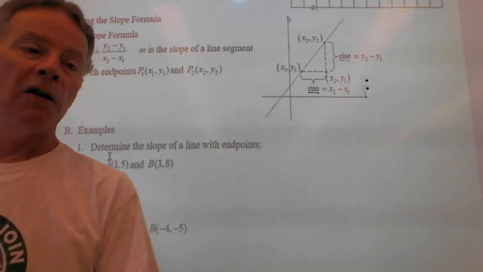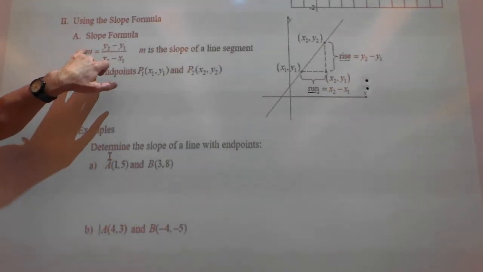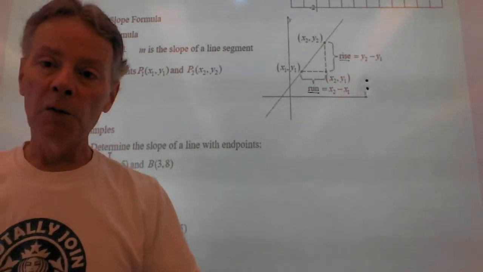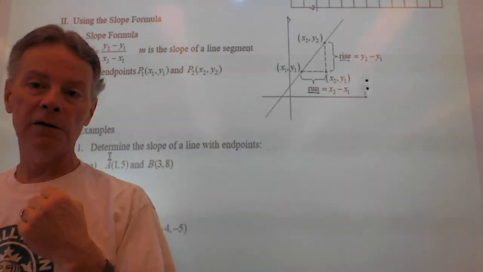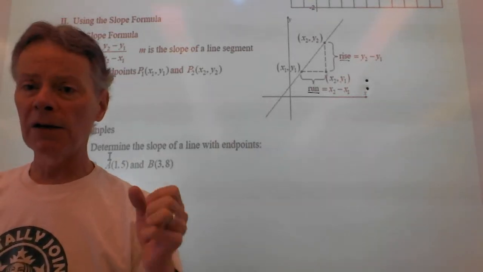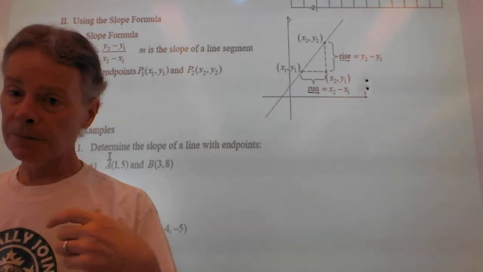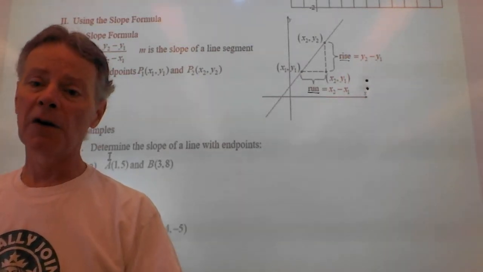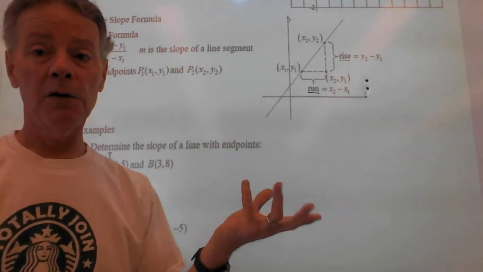Now, it's really important to understand that you can find the slope by picking any 2 points on the line. It doesn't matter which points they are. You want to pick points that are easy to work with, hopefully non-decimal or non-fractional numbers if you can get away with it. It just makes it easier.